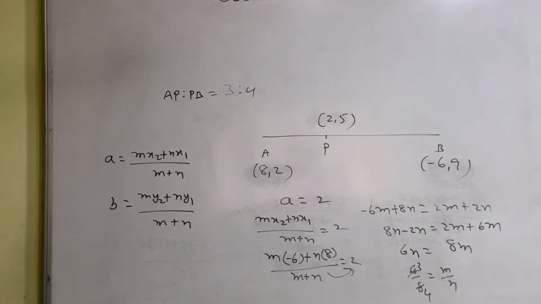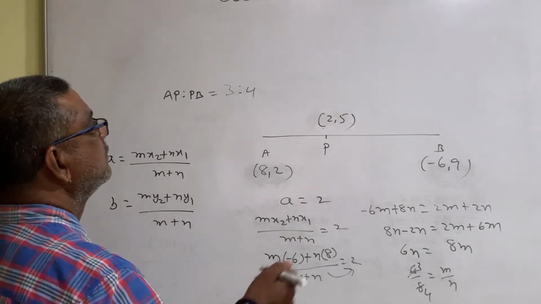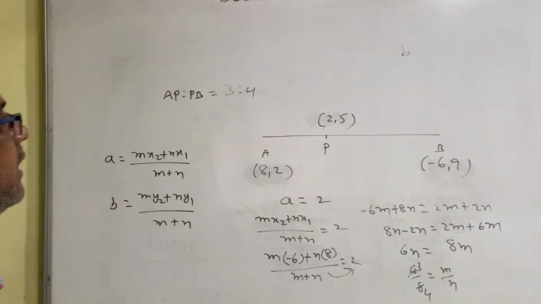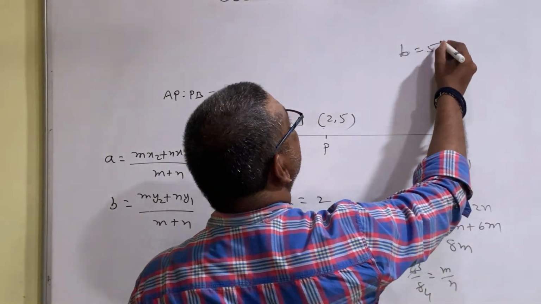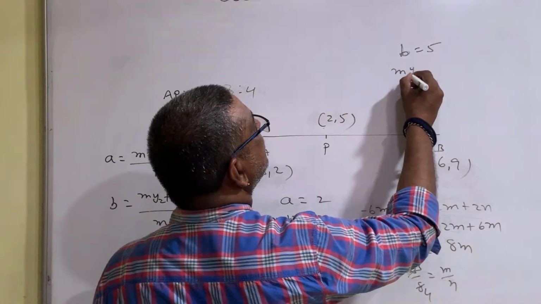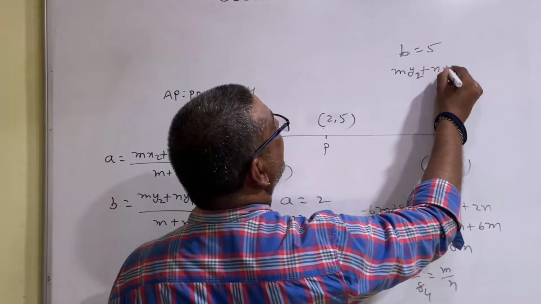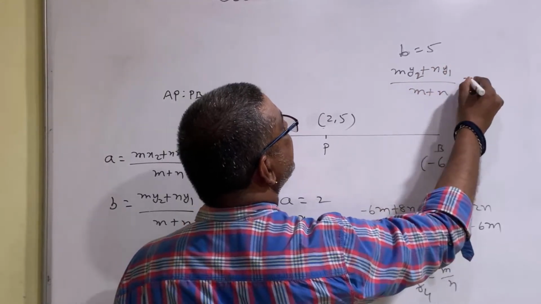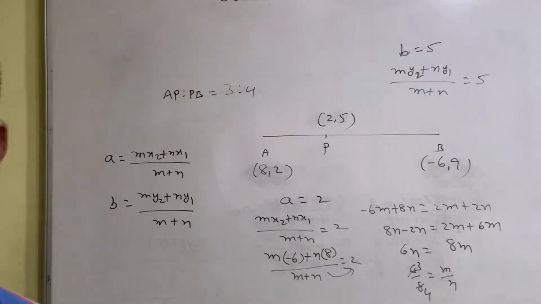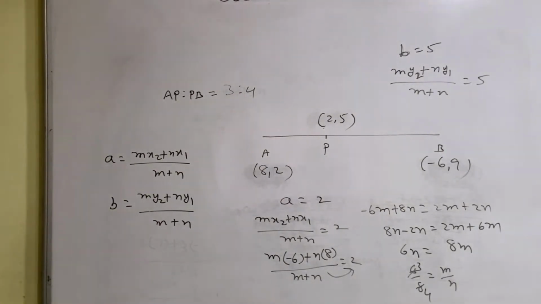Now, what is the B formula? B is given 5, right? That means my2 plus ny1 by m plus n is 5. Is that right? Now substitute the values and find out the ratio.